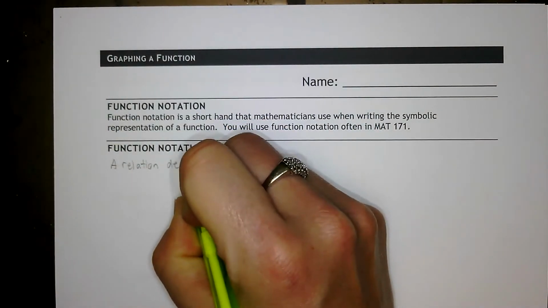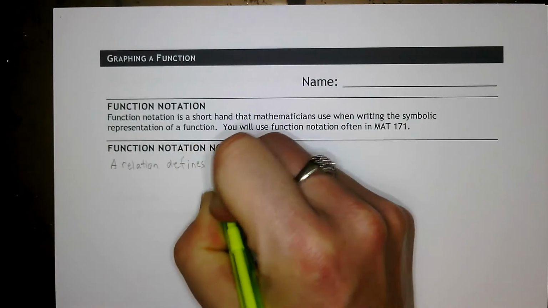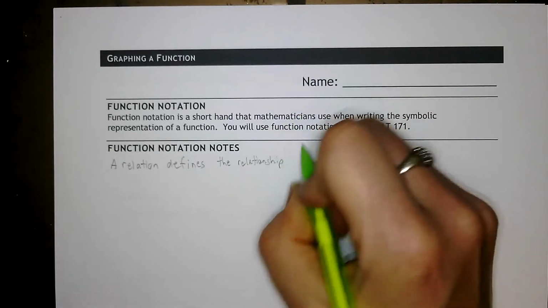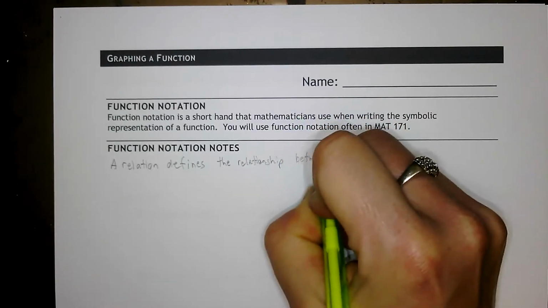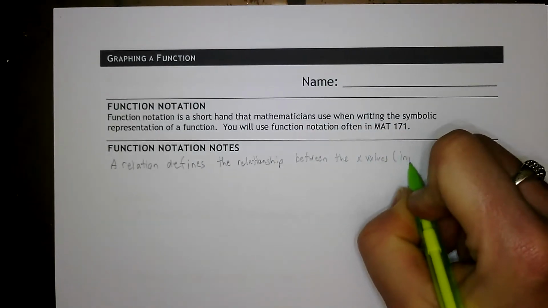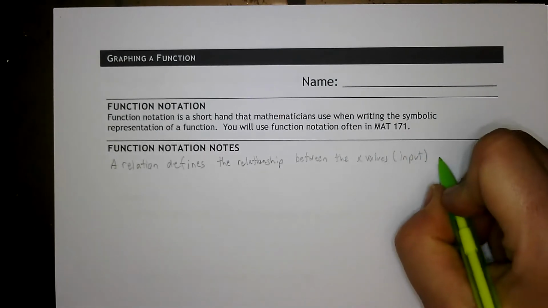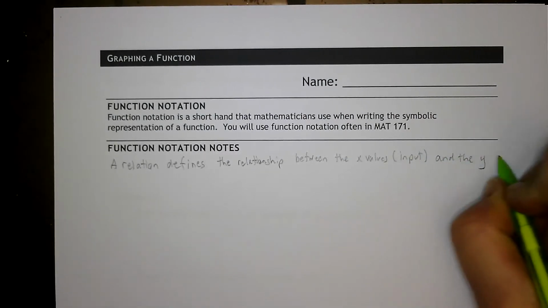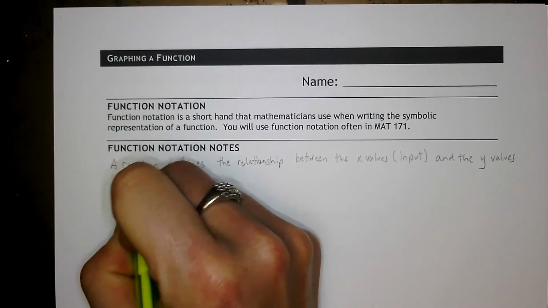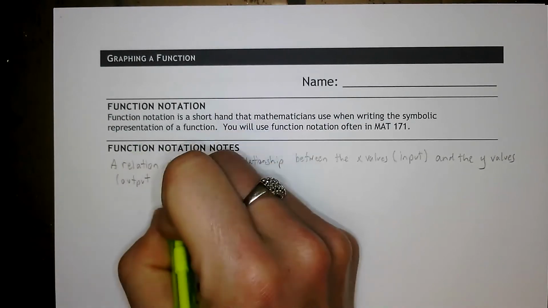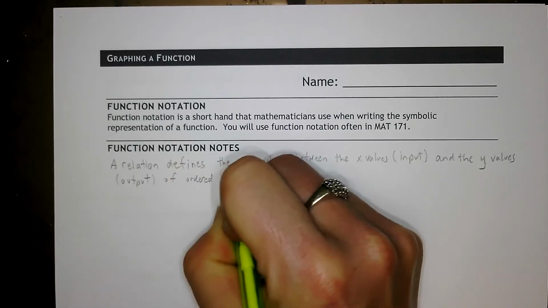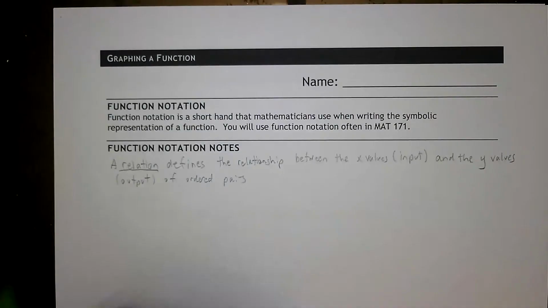The definition: a relation defines the relationship between the x values, or the input, and the y values, or the output, of ordered pairs. So that is a relation.